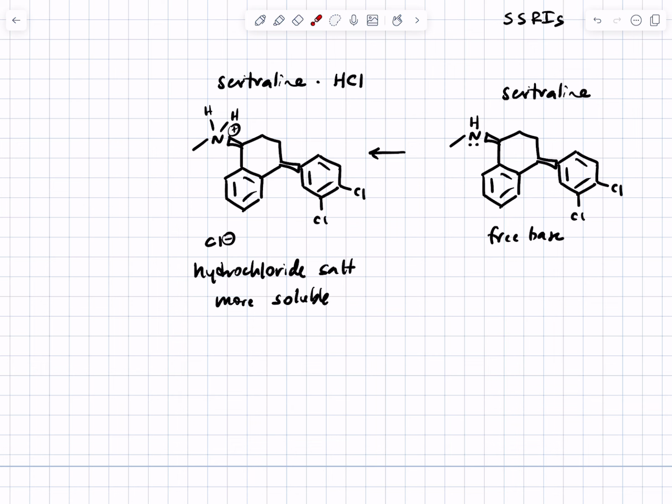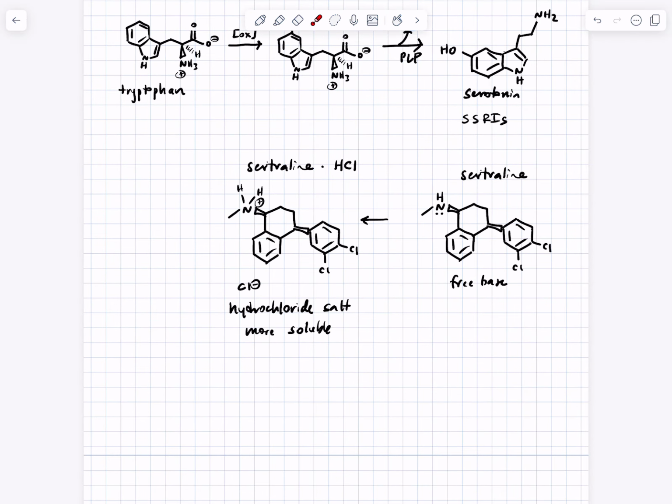But interestingly, and I won't comment on this in terms of opinion, the penalties for consuming and trafficking the free base were much more severe than the penalties for consuming and trafficking the HCl salt, even though they did the same thing. Anyway, it's an interesting story to read, and we'll leave it at that.